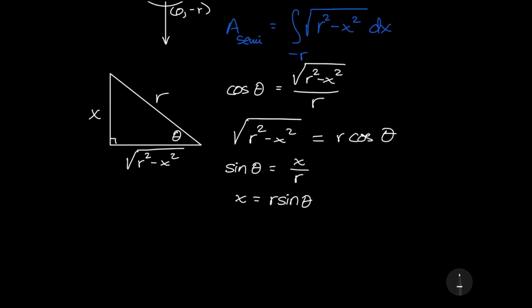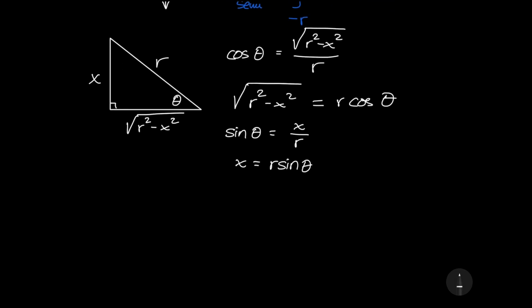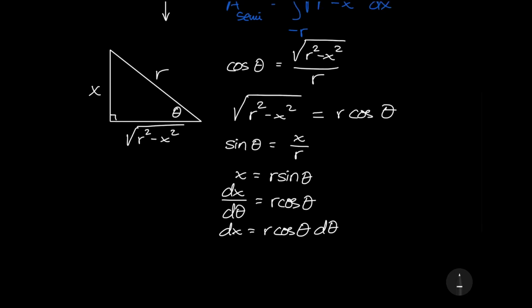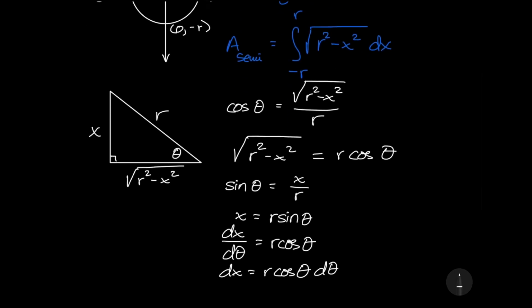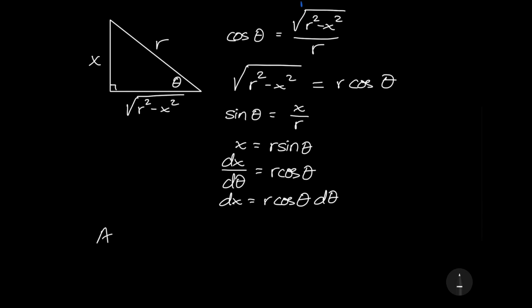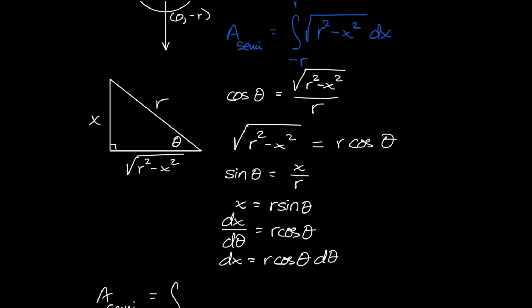If I know x equals r sine theta, that means that the derivative of x with respect to theta is equal to r cosine theta, meaning that dx is equal to r cosine theta d theta, meaning that I can rewrite my integral expression as the area of the semicircle is equal to the integral, and we need to change the bounds, so let's just leave that for a little bit later.